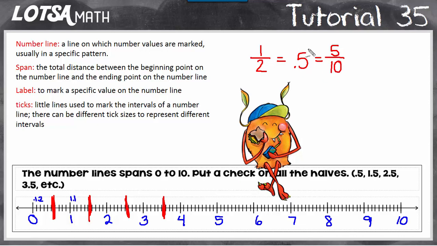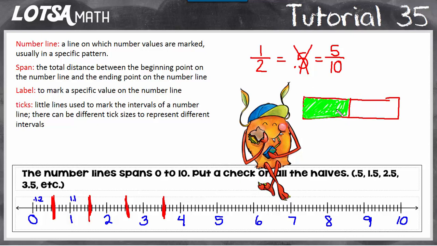So basically, we can cut out this middle number and say that a half equals 5/10. Let's talk about why that's true. If you have a shape that you've broken into halves and you've colored in one of those halves, you have shaded 1/2 of the shape, or 1 out of 2 pieces.